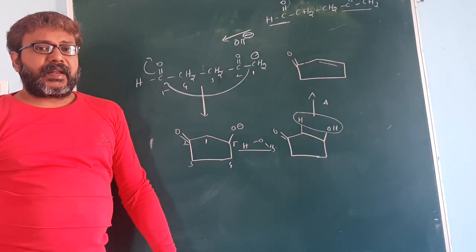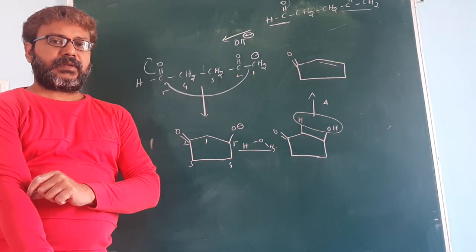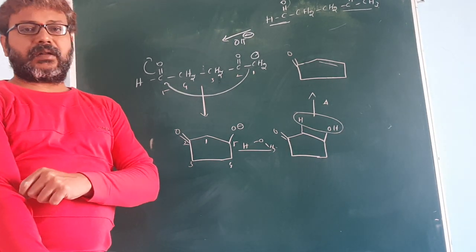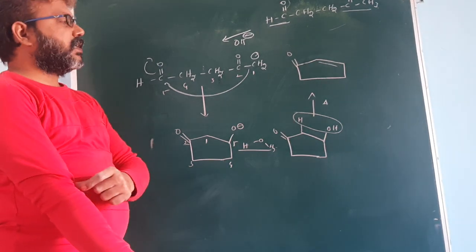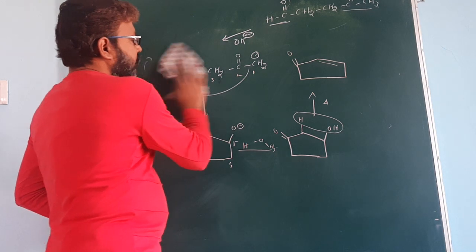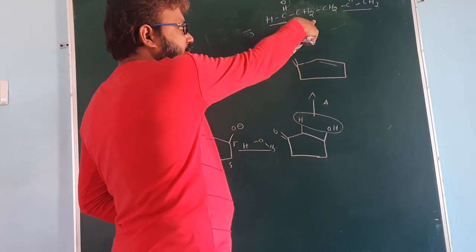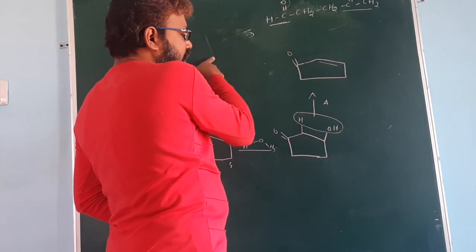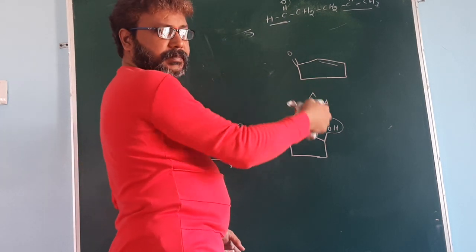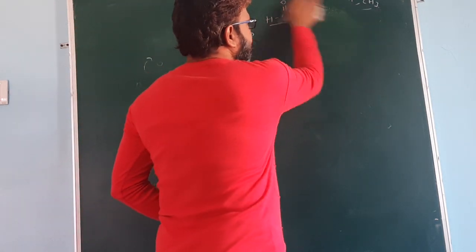One is retro aldol, second one is aldol condensation. Okay. So retro means reverse aldol condensation. In reverse aldol condensation, you get this product. So further it is involved in aldol condensation, you get this product. Okay. Now you see another example.